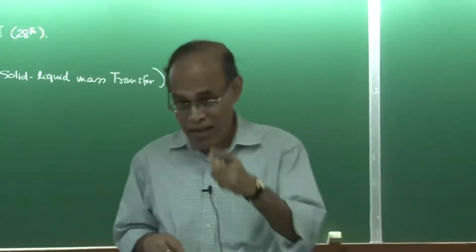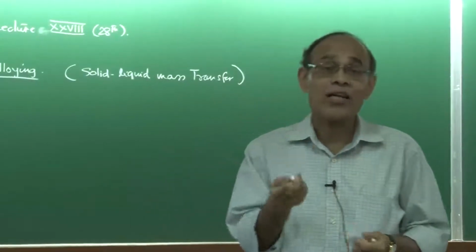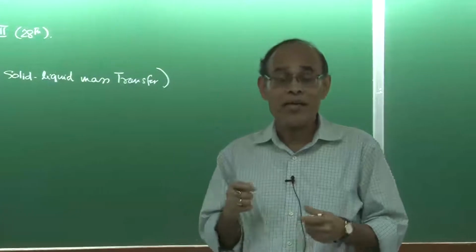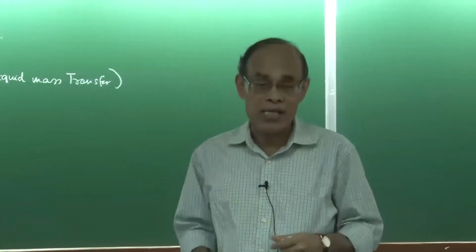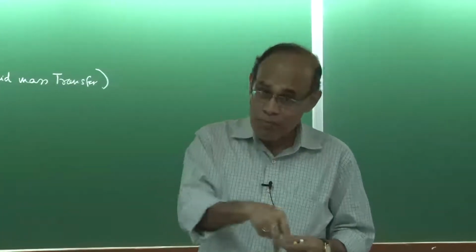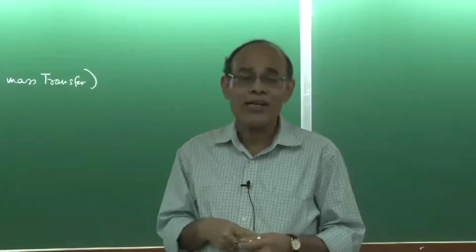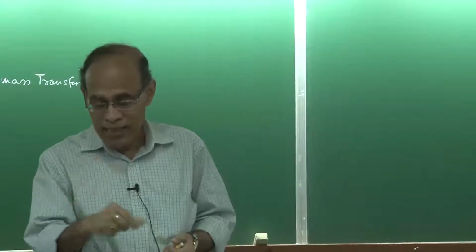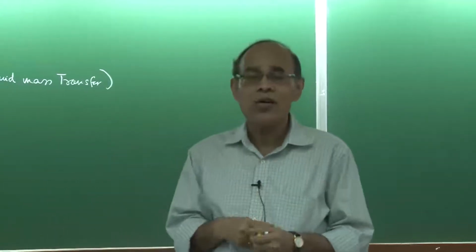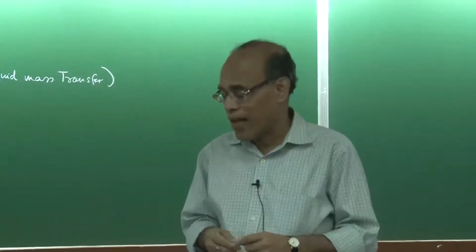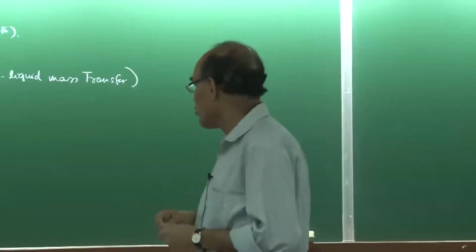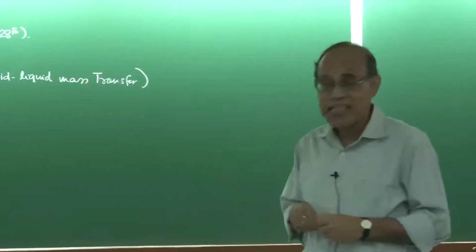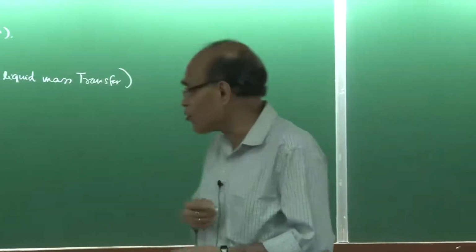In that context, if you remember, I said sugar does not melt in water, sugar dissolves in water. Similarly, if you want to make a high carbon steel from a low carbon steel, carbon will not melt in steel because carbon's melting point is far greater than the operating temperature of liquid steel, and carbon basically dissolves. Similarly, tungsten's melting point is very high, much greater than 2500 degrees centigrade, so it will not melt in steel at 1600 degrees centigrade; tungsten will dissolve in steel.